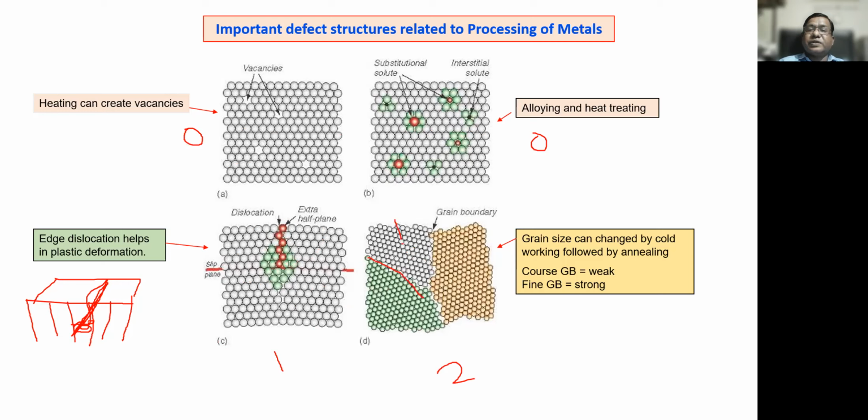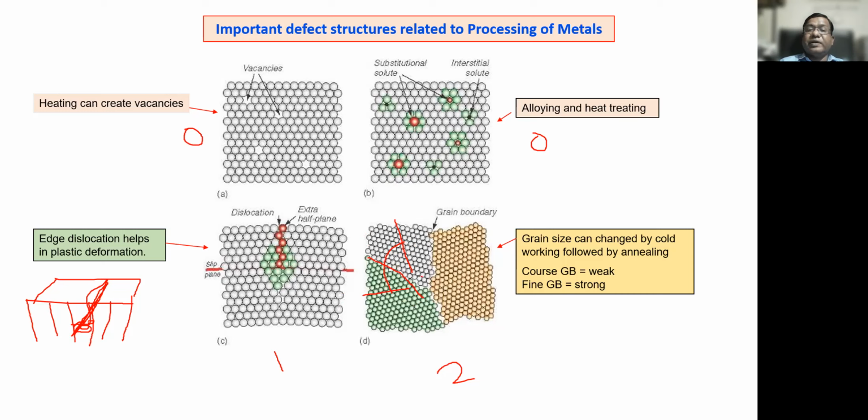Suppose this has this orientation, and this has this orientation. If the angle between these two orientations is more than 15 degrees, it will make a full boundary, and that is called a grain boundary.